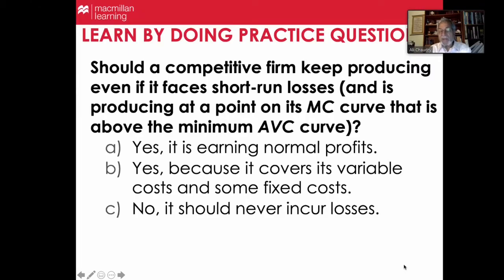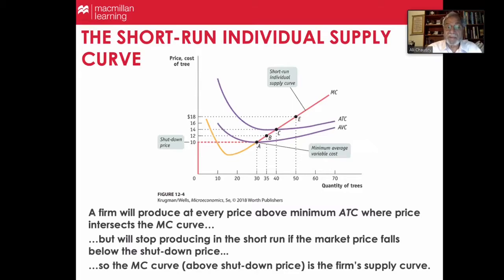So you're not covering all of your fixed cost, so you can take a short loss. And the idea is that in the long run, you can expect that the condition would improve and you would be able to reach the optimal level at which you will be making a positive or zero economic profit, which is the ultimate choice.